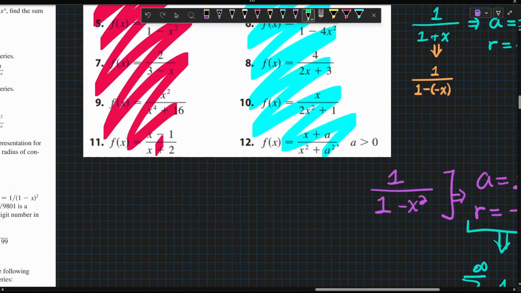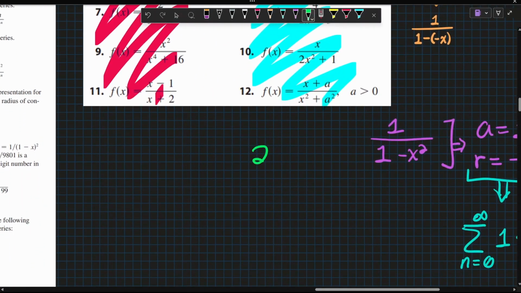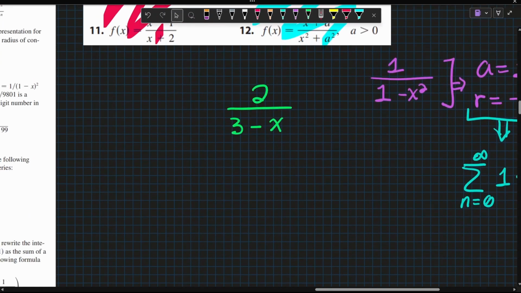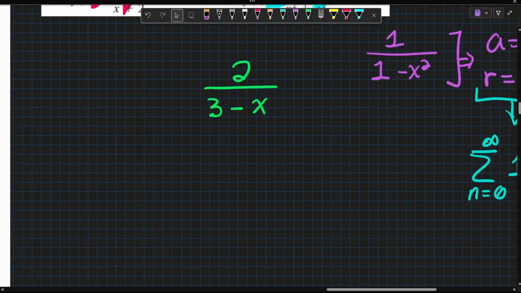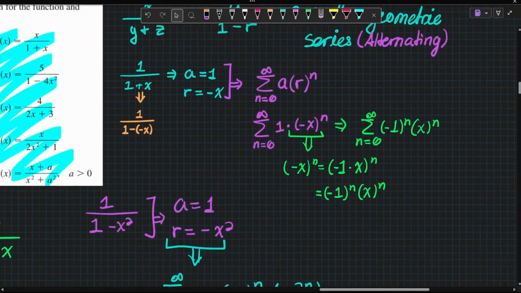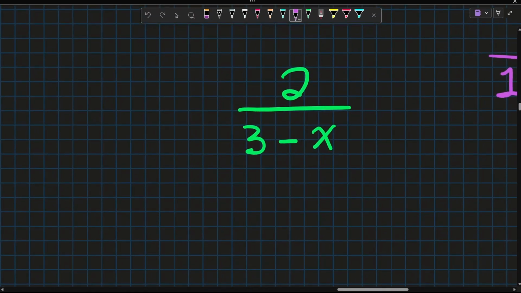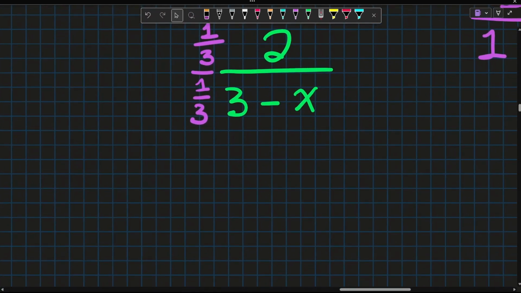Now let's look here. Now we have 2 over 3 minus x. How do you do this? Well, the naive thing would be to follow the same order, but we have an issue here where we have a number 3 right here, right? To overcome this issue, we'll multiply the top and bottom by the reciprocal, so 1 over 3.